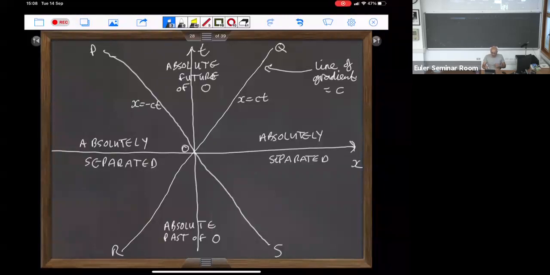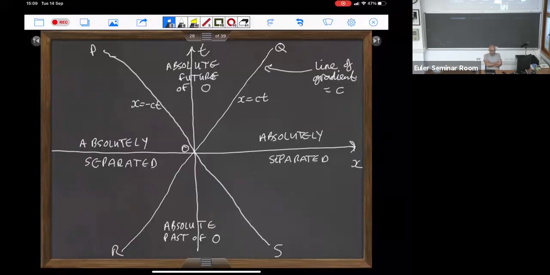So starting from O, any object moving with less than the speed of light, which by definition has to be the case, allows you to conclude that any other event in the future of O, whatever O does from that point on, will have to occur inside the future light cone.